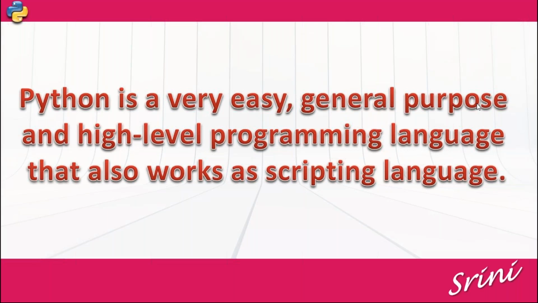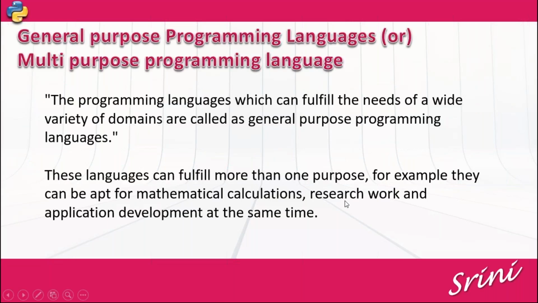It is a general purpose programming language. It can also work as a scripting language, and it is very easy like a scripting language. Right from the beginning, I'm telling you Python is a general purpose programming language.